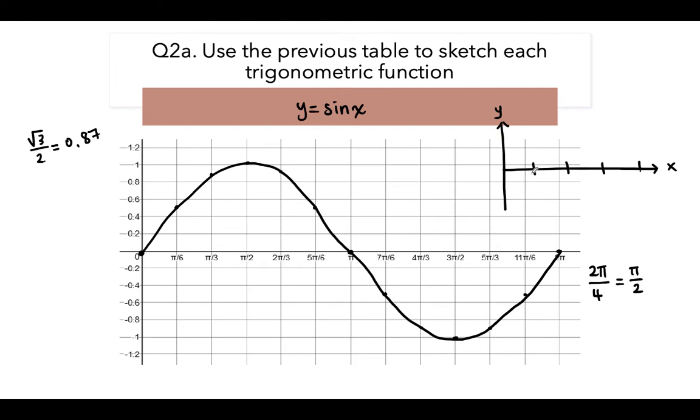So each increment of the square represents pi over 2. So 2 pi, and then right at the half you have pi, and like I said, each increment represents pi over 2. And you will notice that the highest point over here is at 1, and the lowest point is at -1.